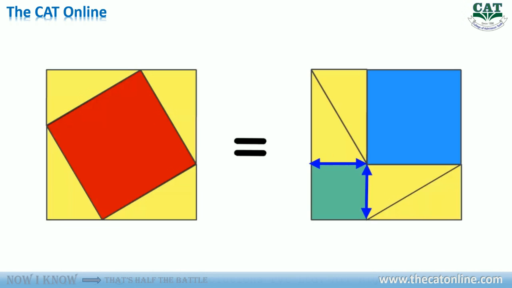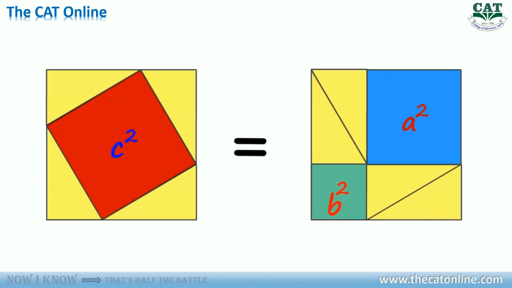As these lengths are B, the lengths of each of these four sides will be B. Therefore, this is a square with side B. And in the same way, this is a square with side A. The areas of these two squares will be A squared and B squared. Don't forget, the areas of both figures are still equal.